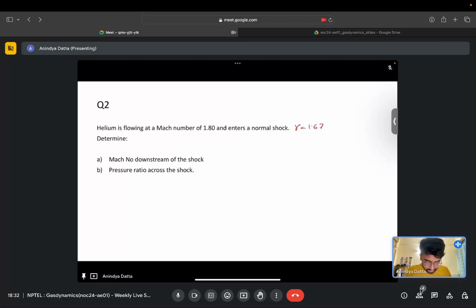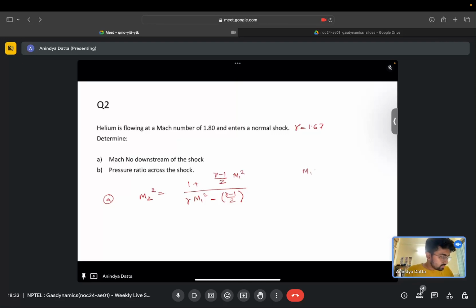Let's first find the Mach number. M2 square is equal to, what is the formula, 1 plus (gamma minus 1)/2 M1 square divided by gamma M1 square minus (gamma minus 1)/2.